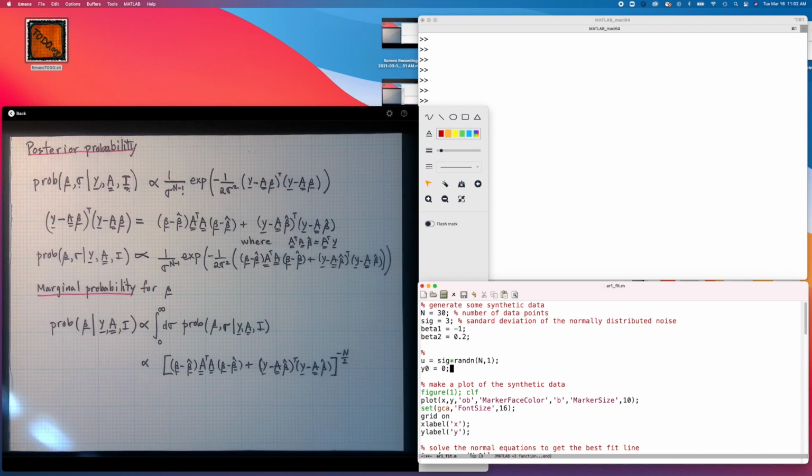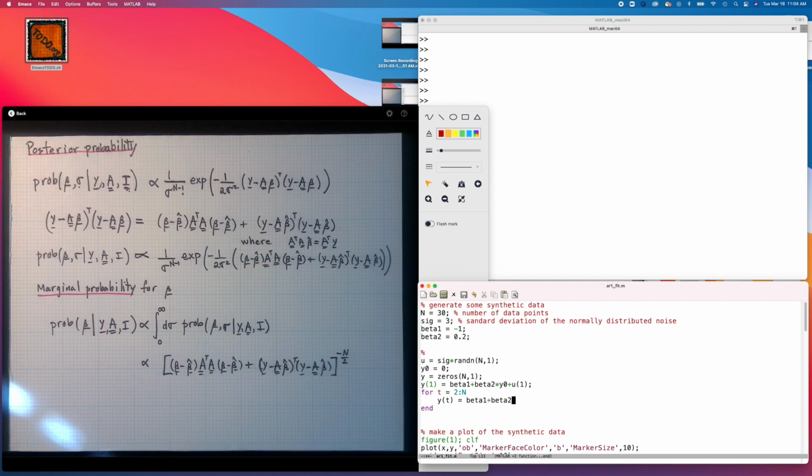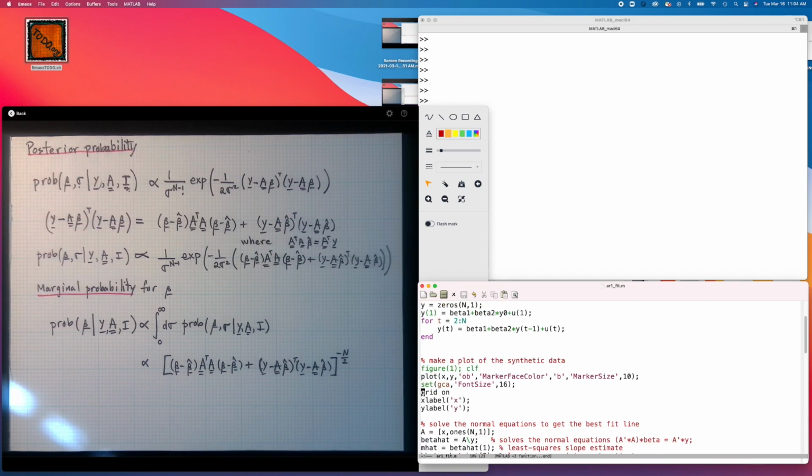Let's start it off at just 0. Since y0 is kind of a special case, we have to start off by initializing y1 outside the loop, and then the loop will go from 2 to n. And then we can make a plot of the synthetic data as before.